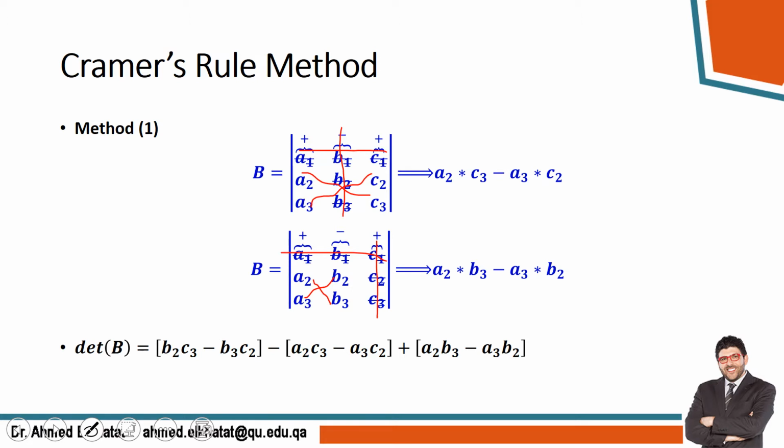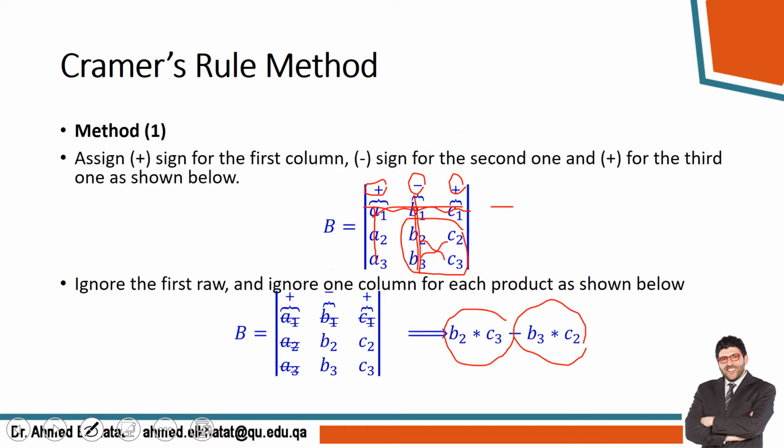Now we have the three terms, and we want to combine them. Remember that we put plus, minus, and plus: this column is plus, this column is minus, and this column is plus.